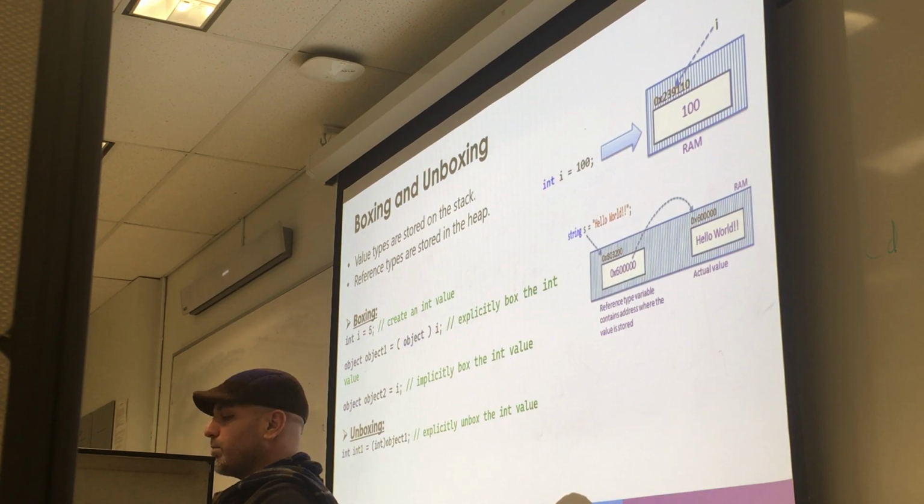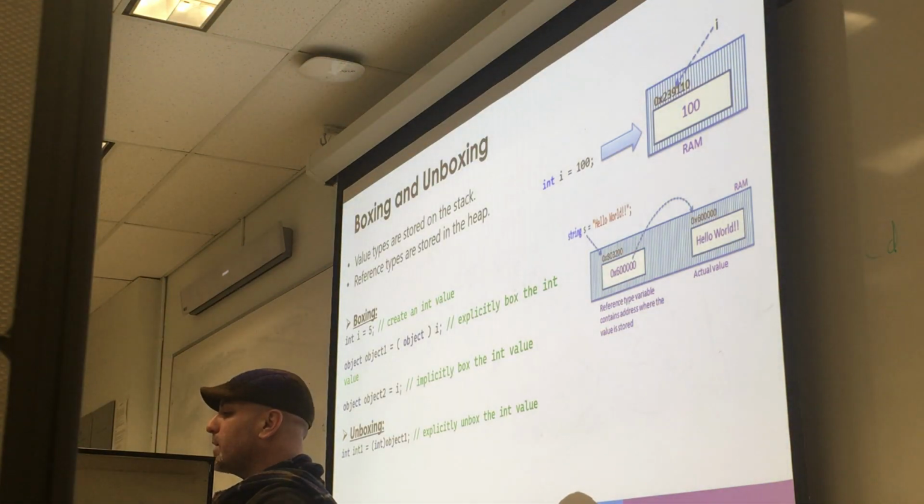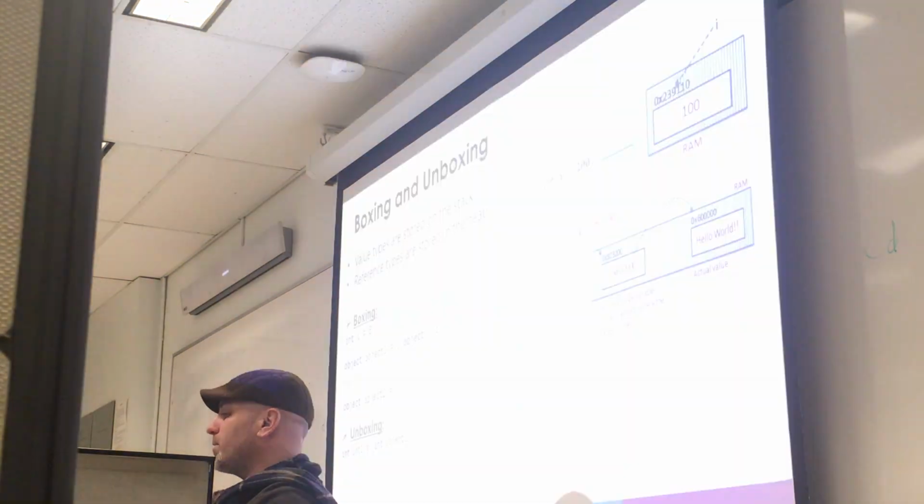Boxing and unboxing. Boxing and unboxing is a technique to convert between reference data type and object, between reference data type and the primitive data type. Boxing, like int i equal 5, create an int value. It's a primitive data type. Also object o1, we cast the i to object.